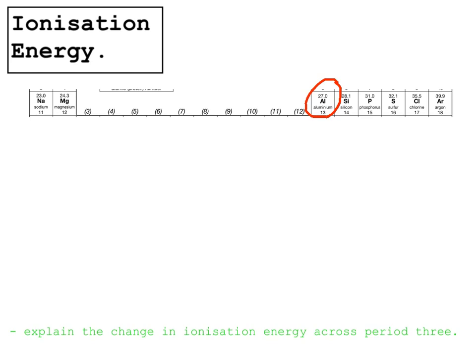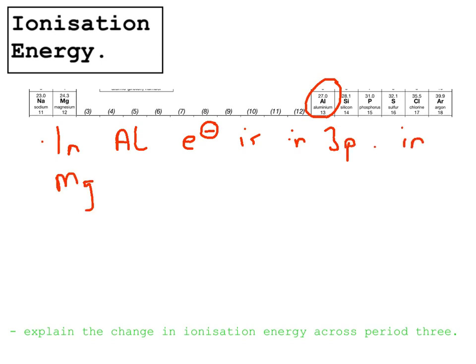The first thing you do when you're comparing ionisation energies is state where the electrons are. So you'd say, in aluminium, the electron is in 3p. In magnesium, the electron is in 3s. And then you'd say why that makes a difference.